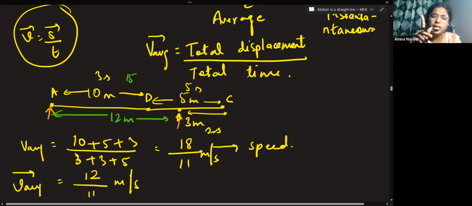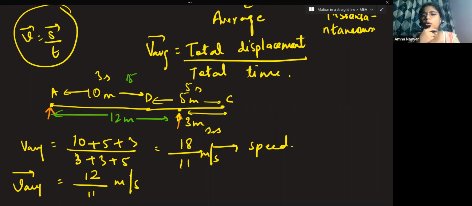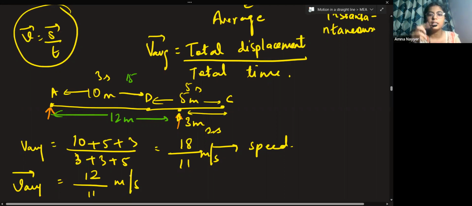And remember, in 1D, speed and velocity are almost the same. Magnitude will come out to be the same only. If it is 1D, means from one point to the other point. If this is the first point, this is the final point, and we are calculating the average speed or velocity, it will come out to be the same, because if a person started from here and ended up here, distance and displacement will be the same.